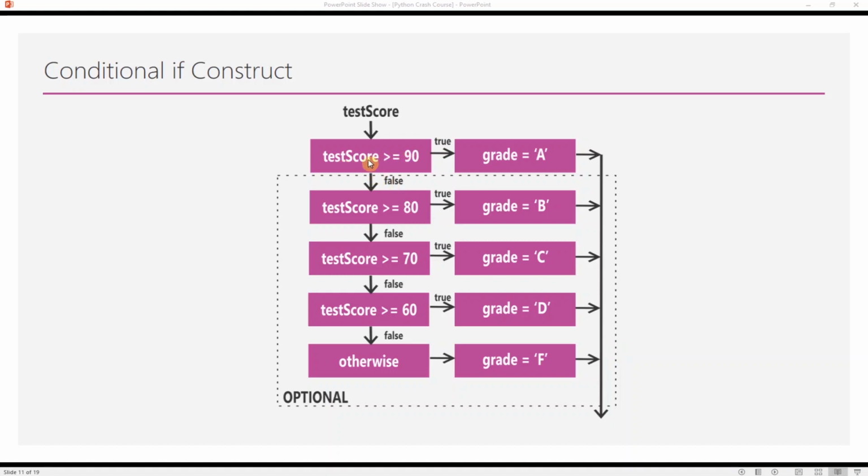However, if the score is less than 90, then the first condition becomes false and in that case the control falls back to check the next condition in the pipeline and so on and so forth. So what if we have defined a couple of conditions and none of them evaluates to true?